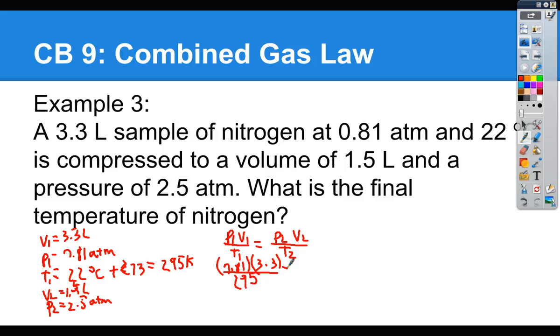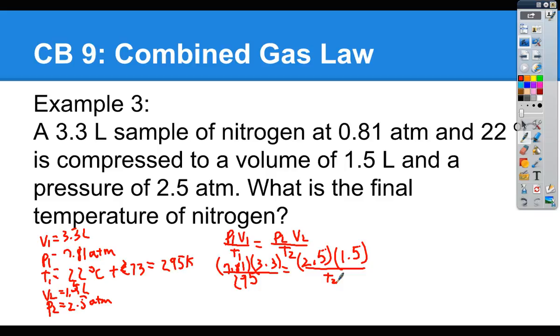That's going to be equal to our P2, which is 2.5, times our V2, 1.5, divided by T2. So that's our unknown.